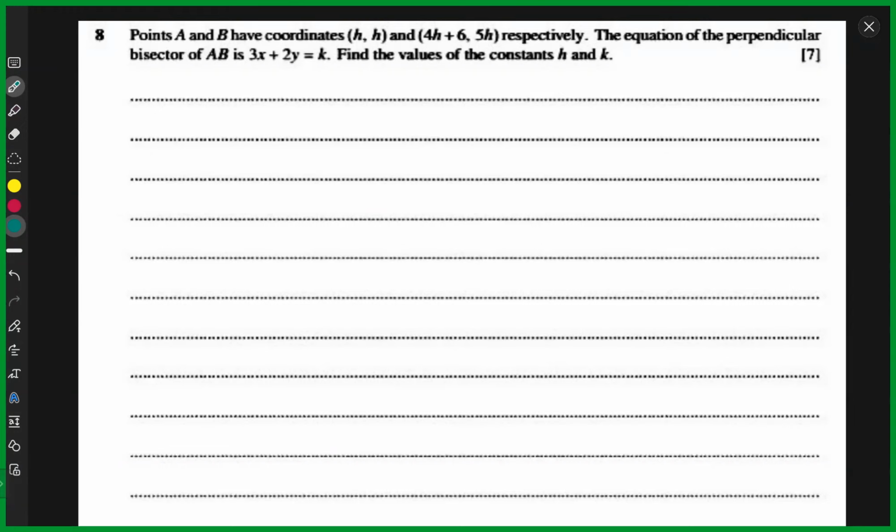For this question, since we already have some information about the 2 points, although it's in terms of h, using these 2 points I can certainly find the equation of the perpendicular bisector in terms of h. Once I have the equation in terms of h, I need to compare it with the given equation to find the values of h and k.